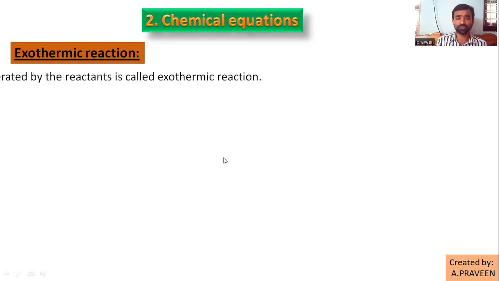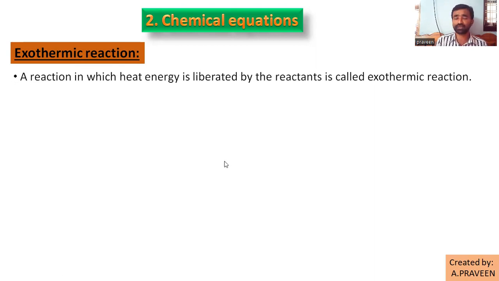So here we are representing exothermic reactions, right? Exothermic reaction is where energy is liberated by the reactants. After the change, the contents become warm. So like this we can identify that an exothermic reaction is represented by writing a plus symbol beside the products, right?